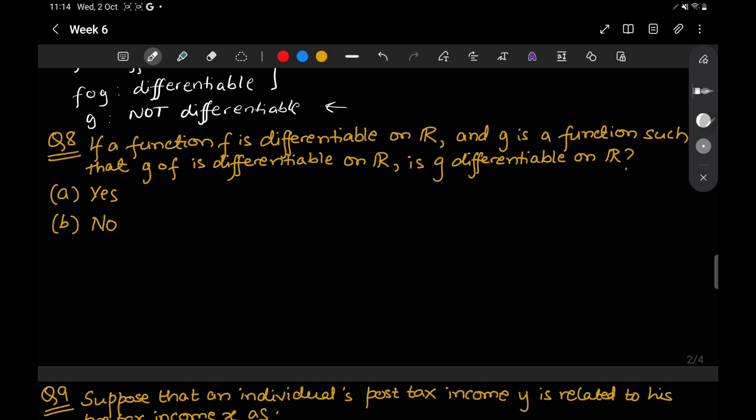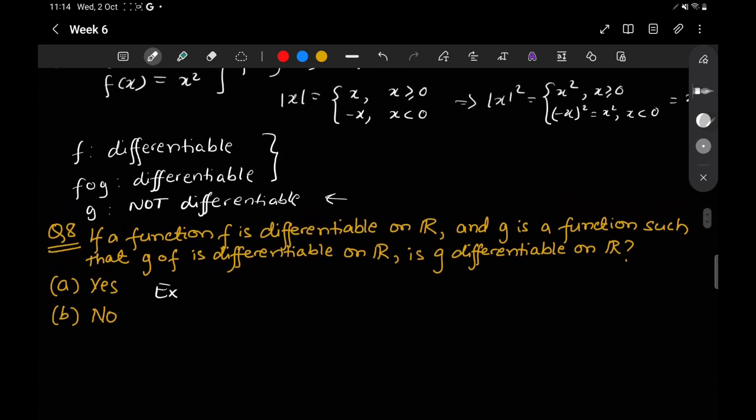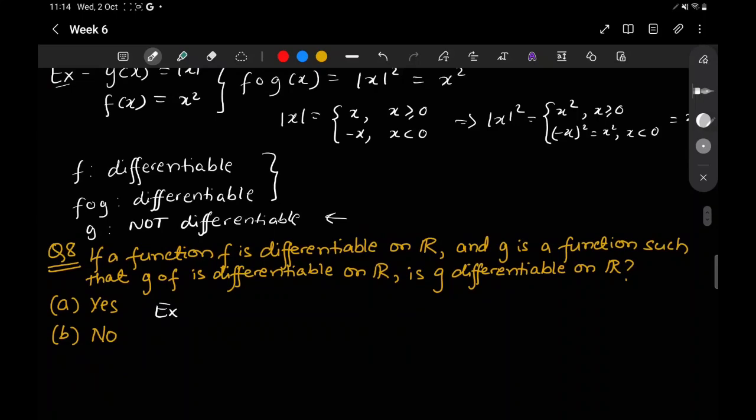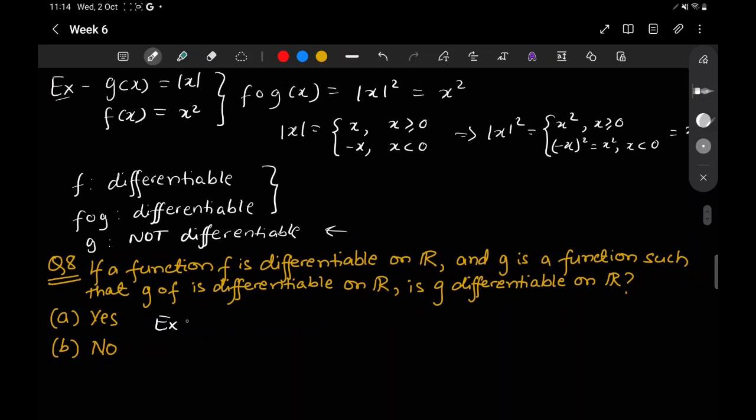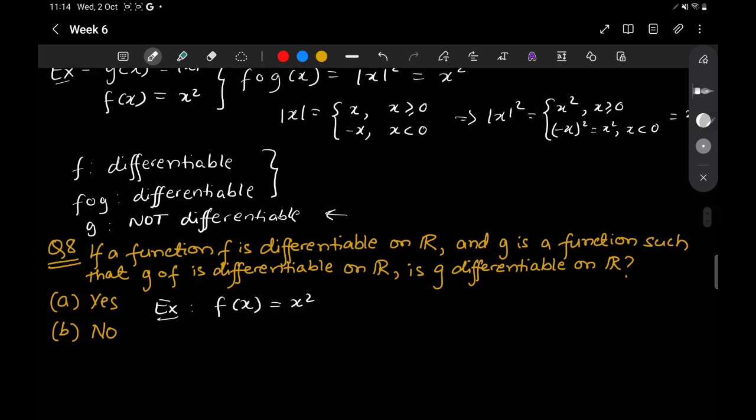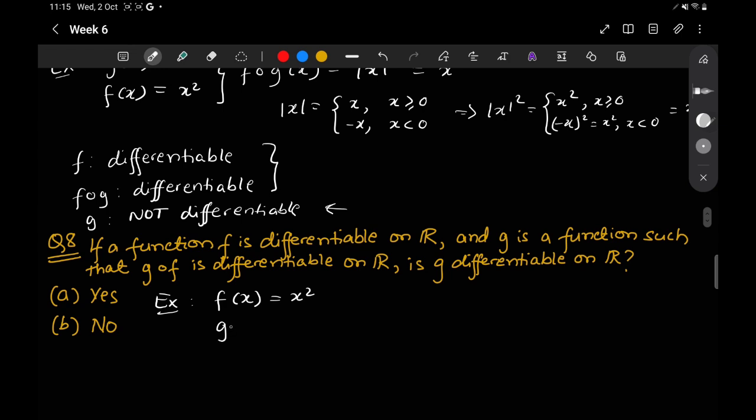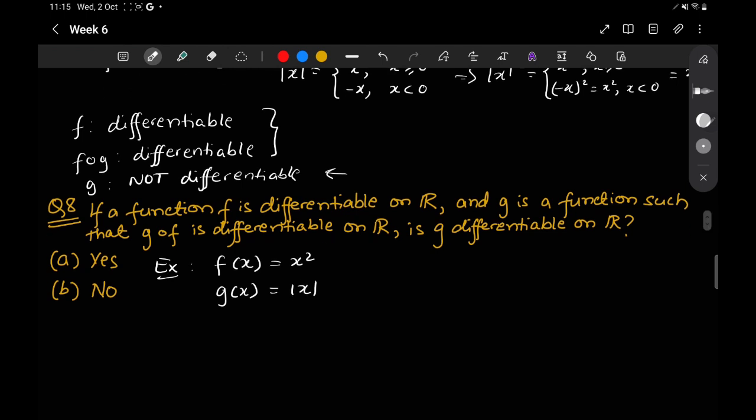Okay, let us now discuss the solution. It's a similar kind of a problem, so we will begin with a similar example. So once again we will say, let's say f of x equals x squared and g of x is mod of x.